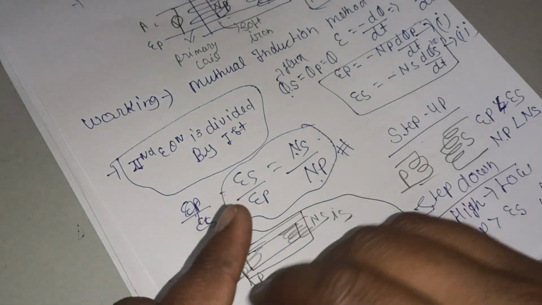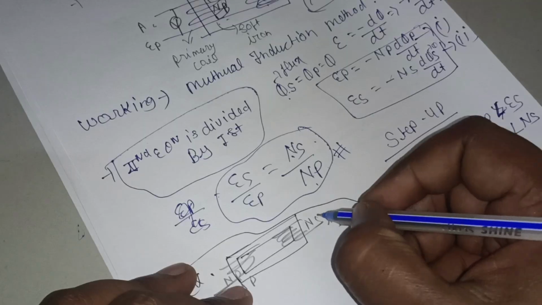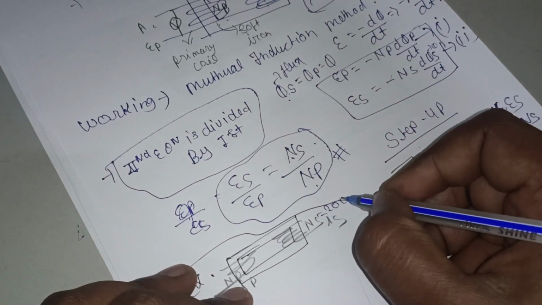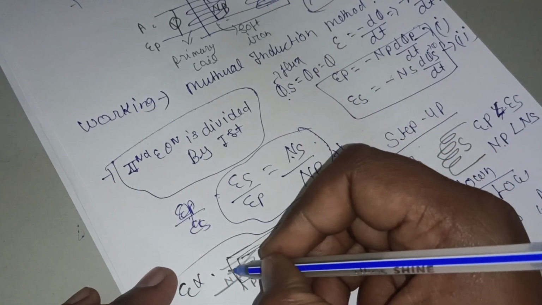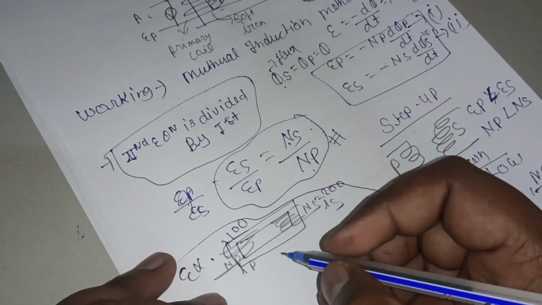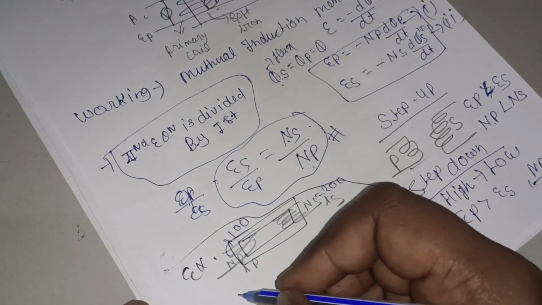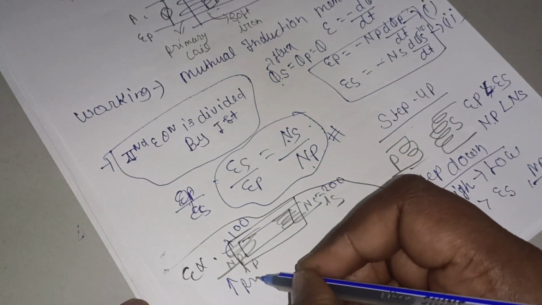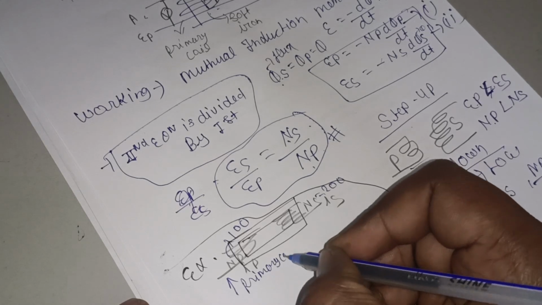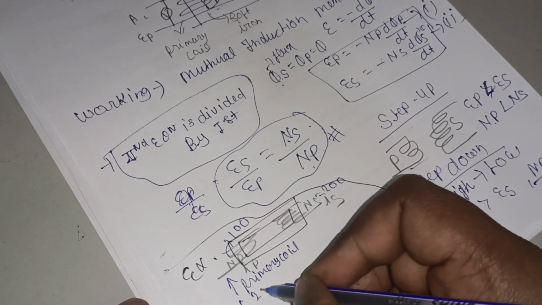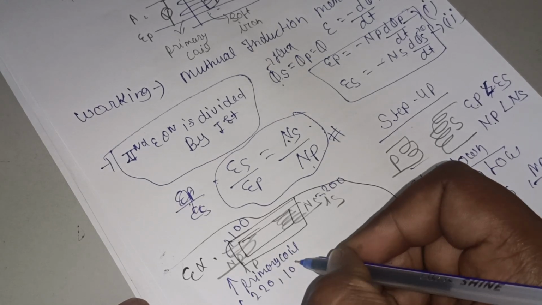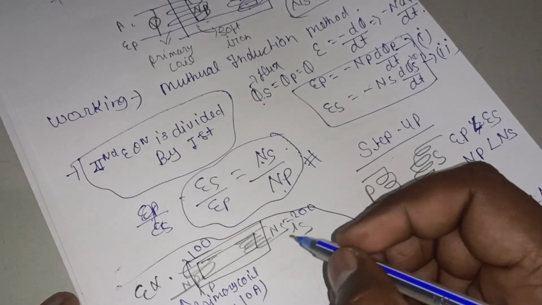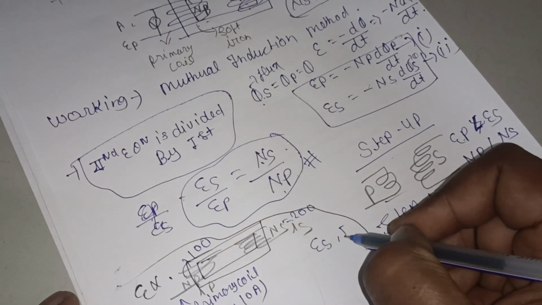Some values are given: NS is 200 and NP is 100, and the primary is given 220 volt and 10 ampere, and we have to find ES and IS.